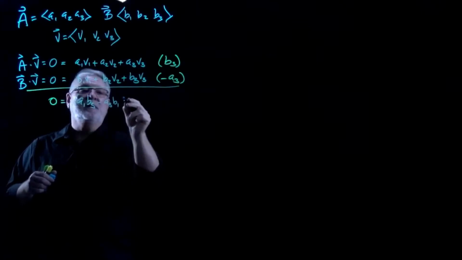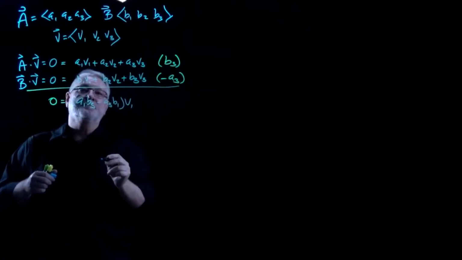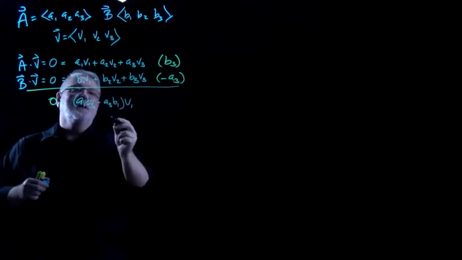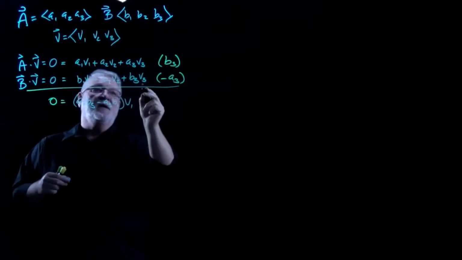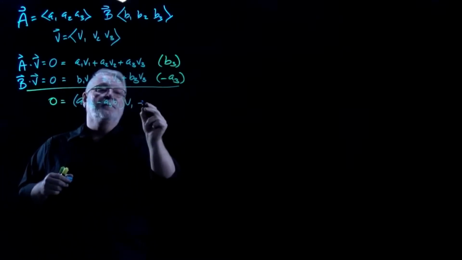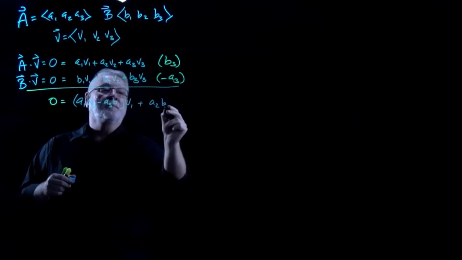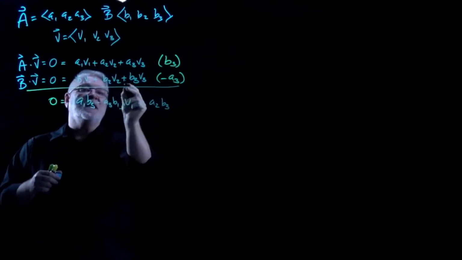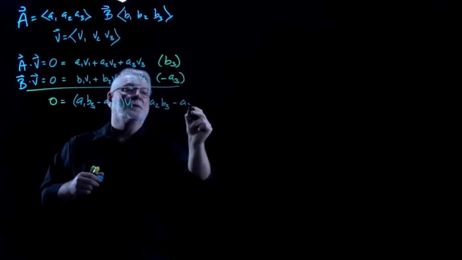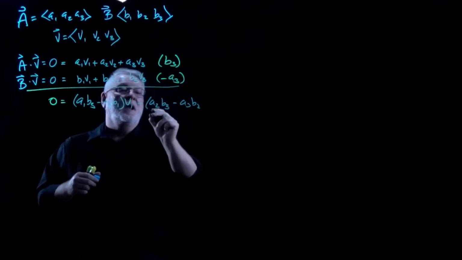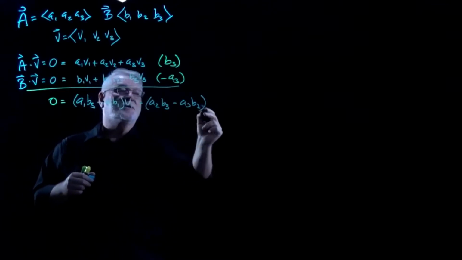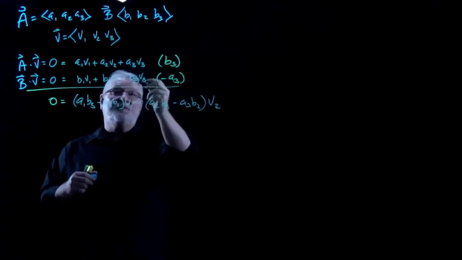And that will be times V1. That's the first column. Let's do the second column. That will be A2 B3 minus A3 B2. And that will all be times V2. And that's it for these two equations.